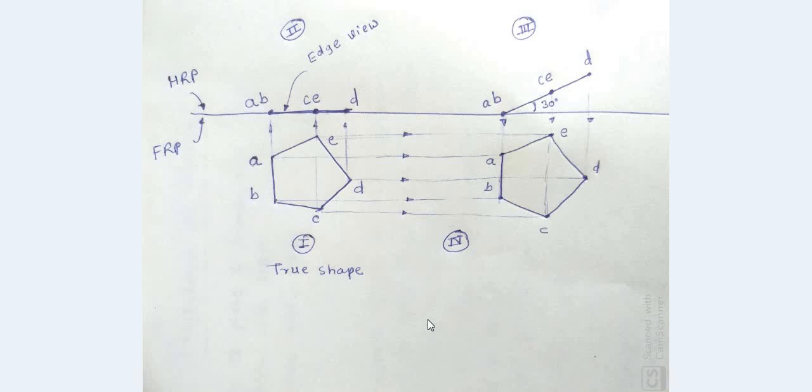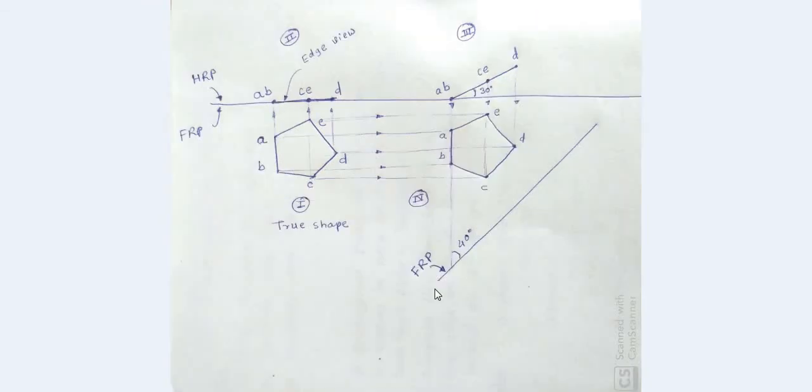And we have specified that the edge which would be resting in HRP will be AB. So we will be drawing the new FRP in the top view at an angle of 40 degrees with edge AB. And I have said that this angle of 40 degrees is between FRP and the true length of AB.